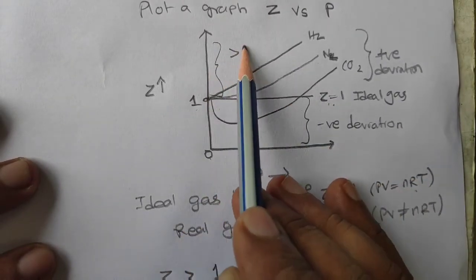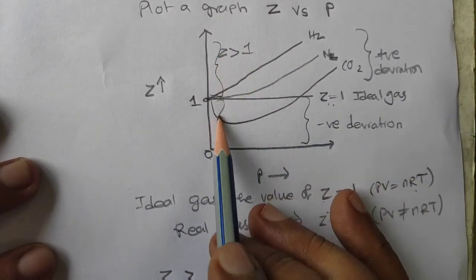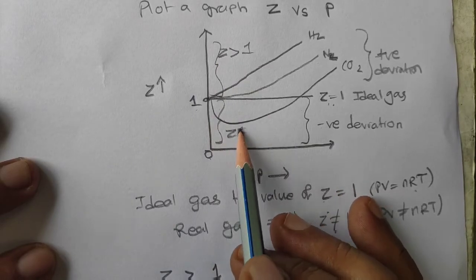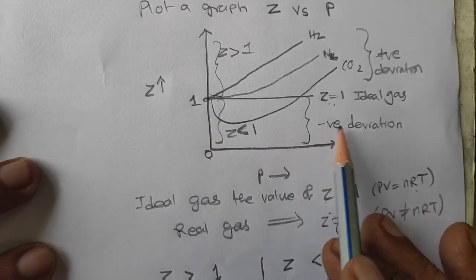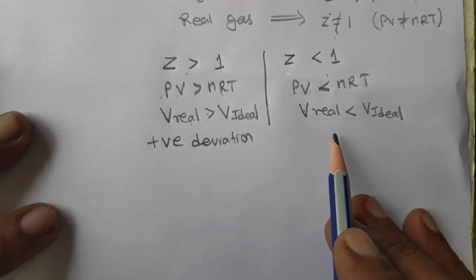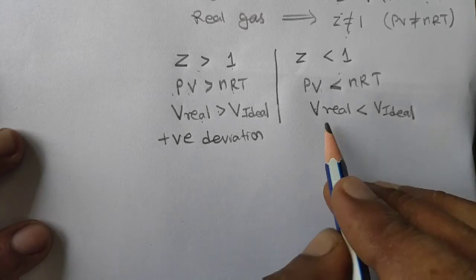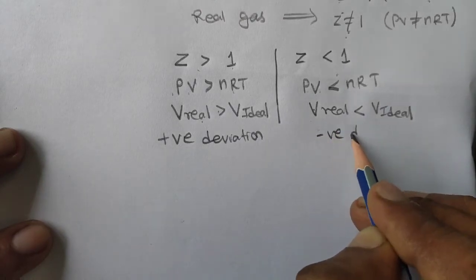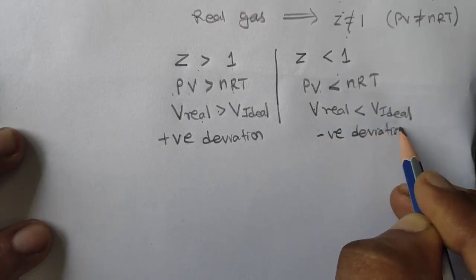This is the value greater than 1, Z greater than 1, and this is the value Z less than 1. So this is negative deviation. So positive deviation, and for Z less than 1 it will be negative deviation.